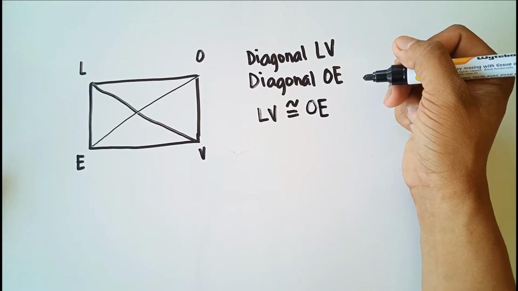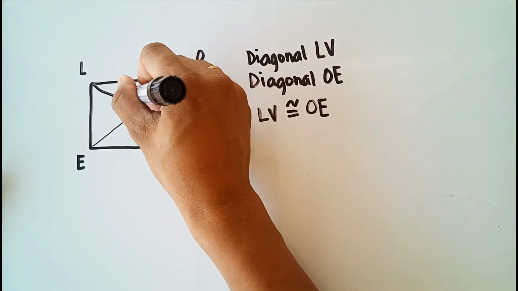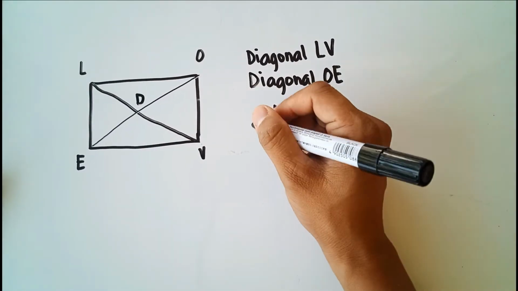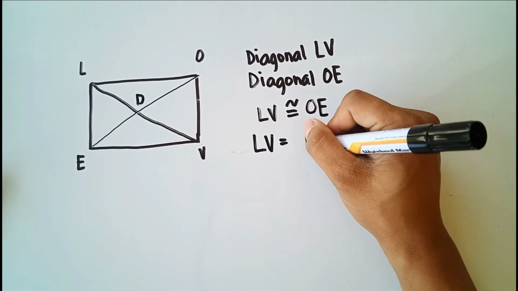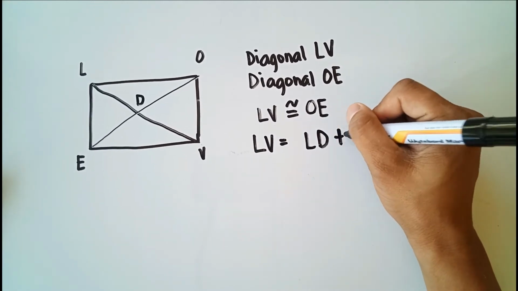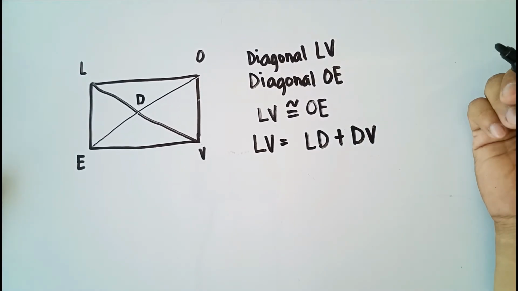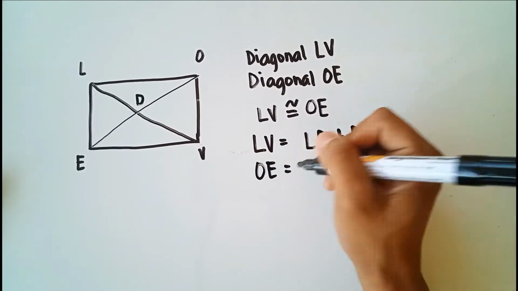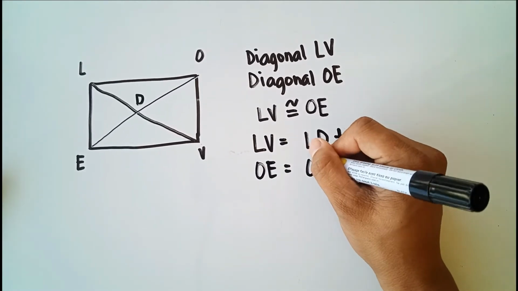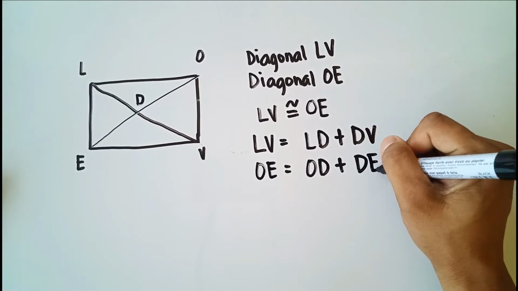And also, we can say that if we have here point D as the midpoint, so we will have LV is equal to LD plus DV. Also, OE is equal to OD plus DE.